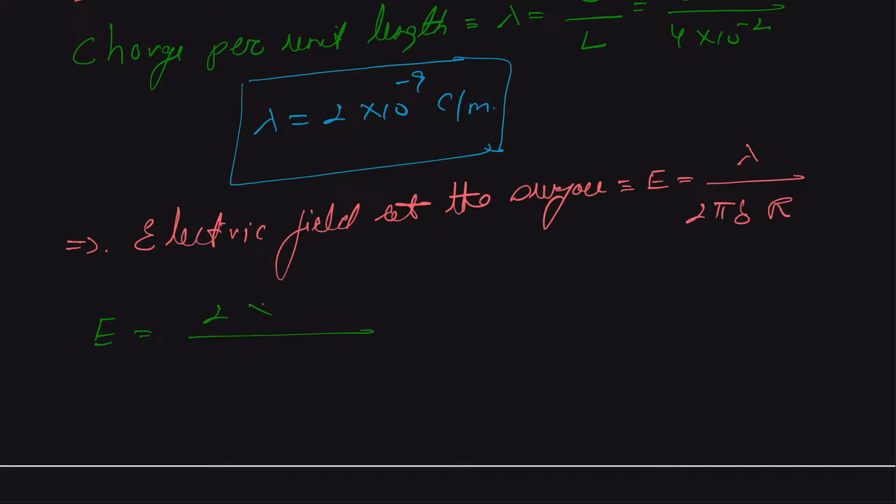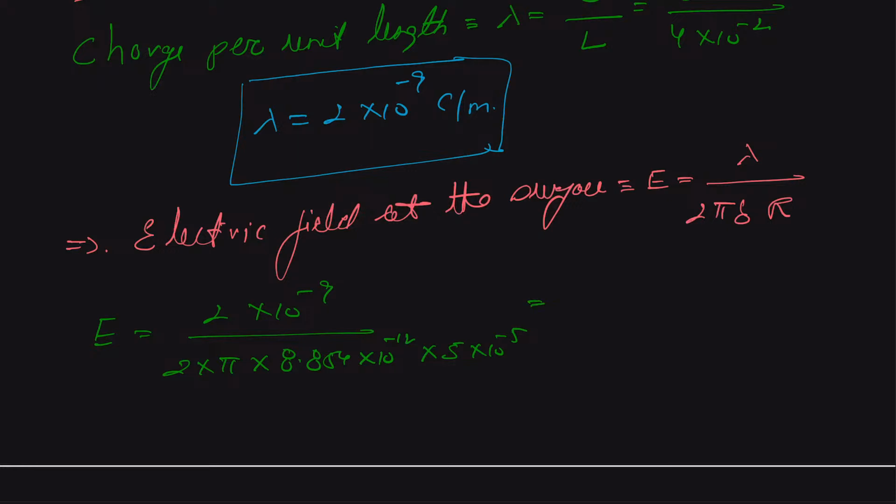Lambda is our 2 into 10 to the power minus 9. So this comes as our 2 pi, and our epsilon naught is 8.854 into 10 to the power minus 12, and radius is our 5 into 10 to the power minus 5.